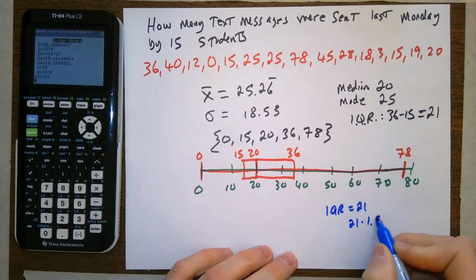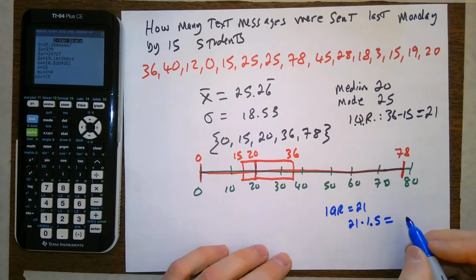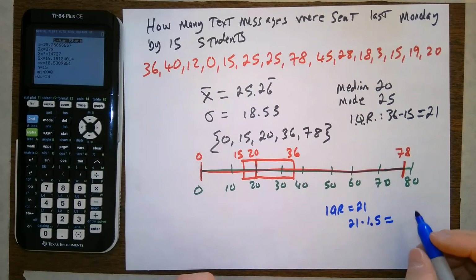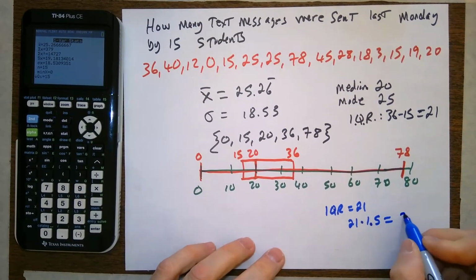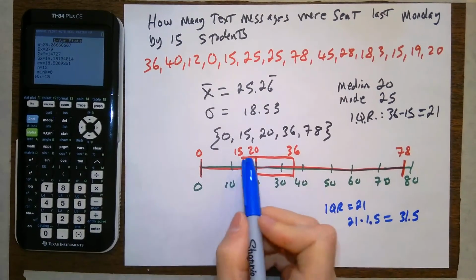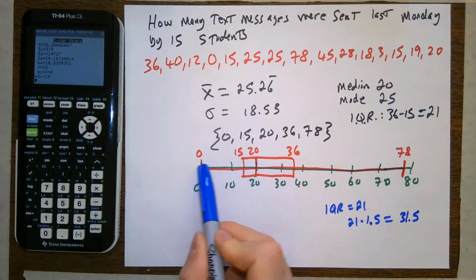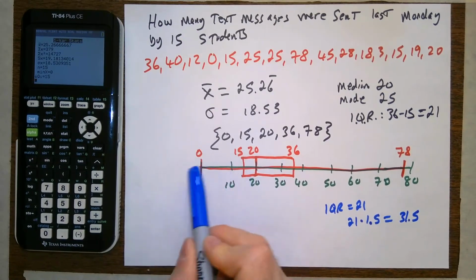21 times 1.5, remember, is 21 plus 10.5, which would be 31.5. So I'm curious, do I have any numbers that are greater than 31.5 above the third quartile or less than 31.5 below the first quartile? Well, the lowest quartile here was 15, so I'm definitely not going to have any outliers below that.